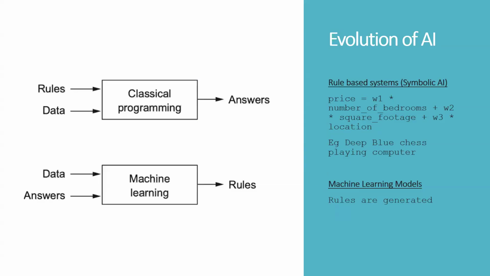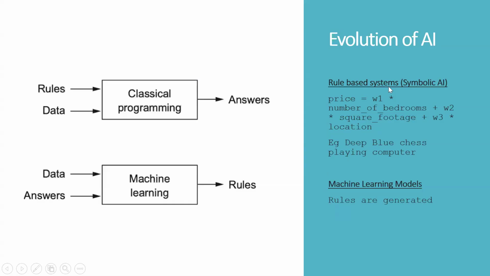But the paradigm, or the way we used to think about artificial intelligence 50 years back, was different from how we do it today. Initially, AI was mainly called rule based AI.